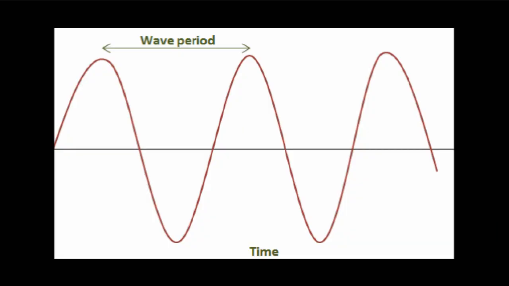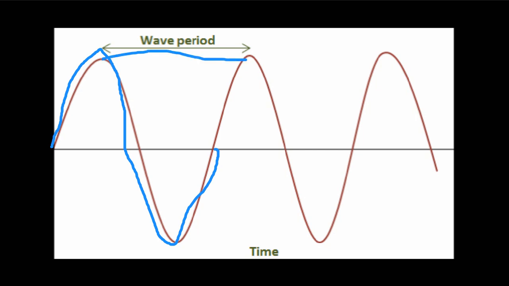So here we have a very basic graph of a sound wave. A cycle is going to be one peak and one valley. So that is going to be one wave, peak to peak, or valley to valley. That is going to be one wave cycle.